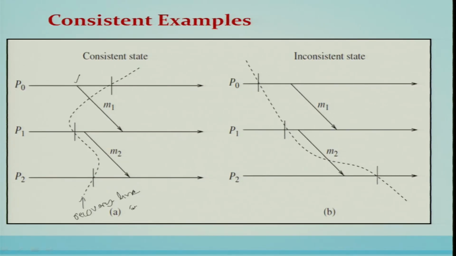Hence it's a consistent state. Now an inconsistent state: here you can see that the receipt of a message is recorded in this particular checkpoint, but its send is not recorded in any of the collection of checkpoints. Hence this collection of checkpoints is an inconsistent state.